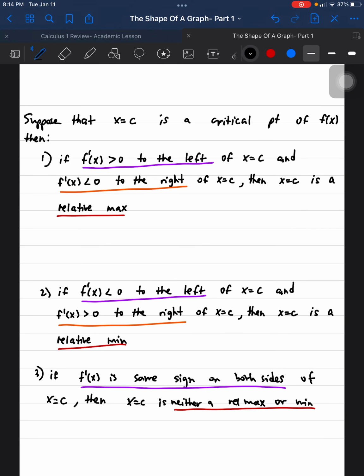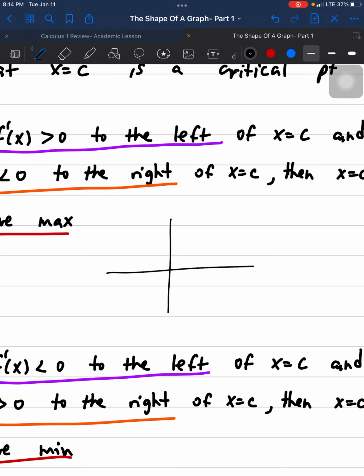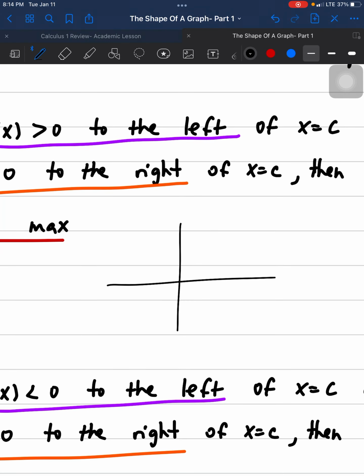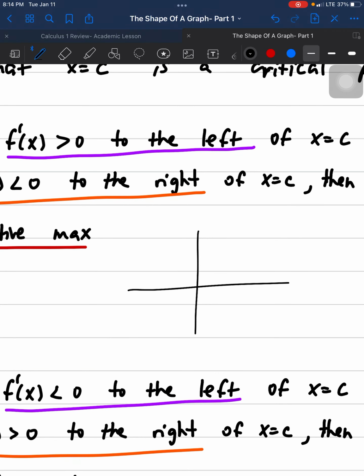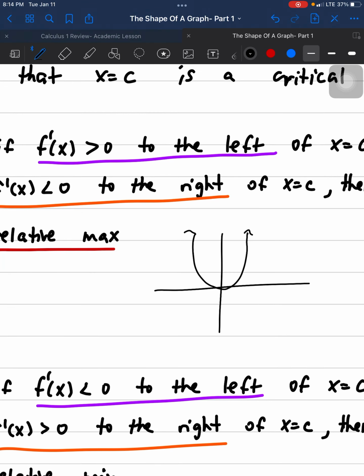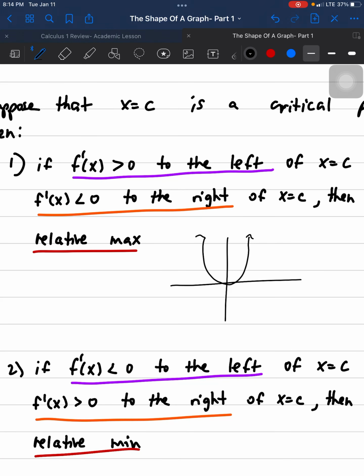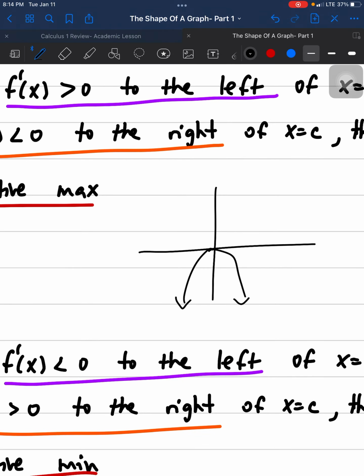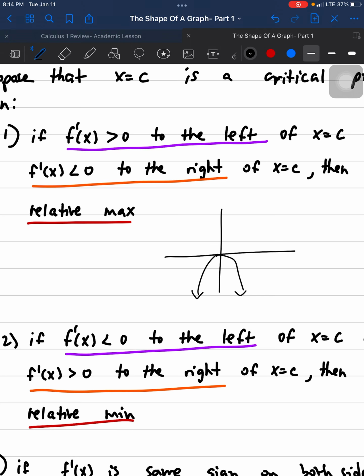So it's basically saying that, say we have a parabola. Actually, we need to make an upside down parabola.